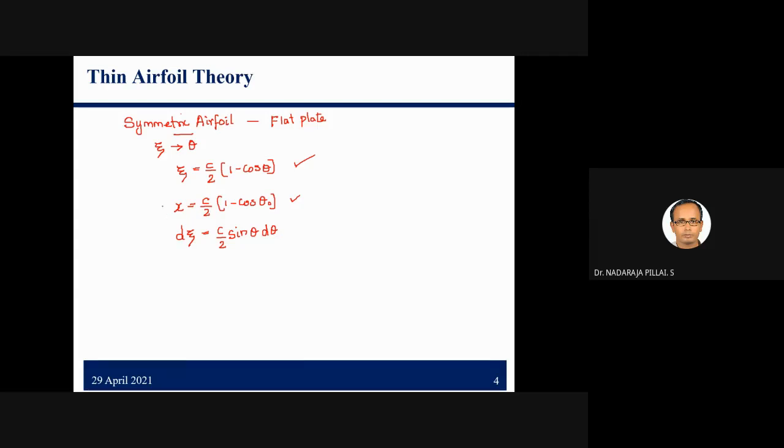So let me write this full equation: 1 by 2 pi integral 0 to pi gamma of theta sin theta d theta by cos theta minus cos theta naught is equal to V infinity alpha, right?